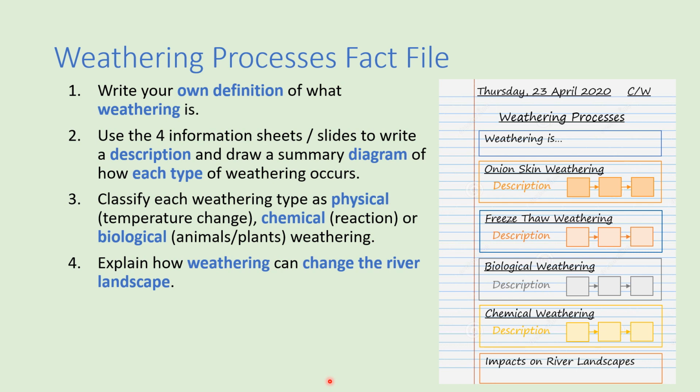So this is a really important process in understanding why, particularly in an upper course of a river, you've got such steep sided slopes, because you've got the weathering breaking down the rocks of the valley side, mass movement transporting that down into the river, and then the river washing it away. And that explains how you get this sort of vertical erosion, not just from the river, but from the weathering and the mass movement on the side.